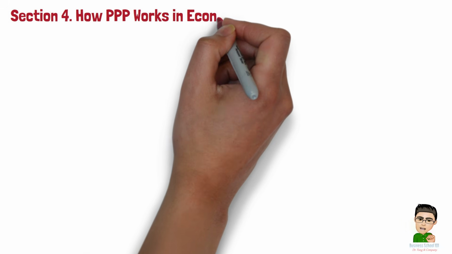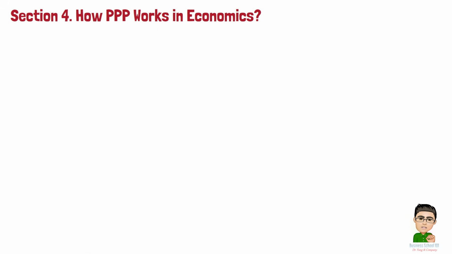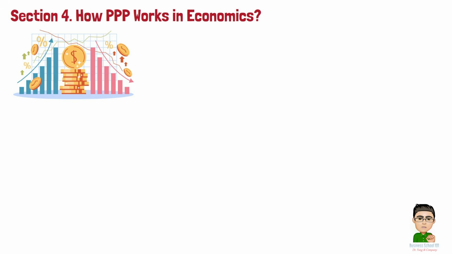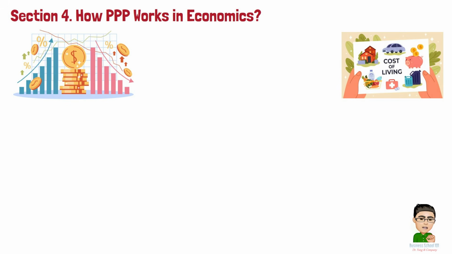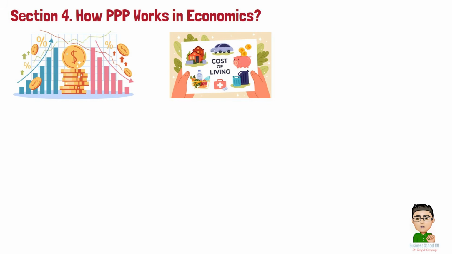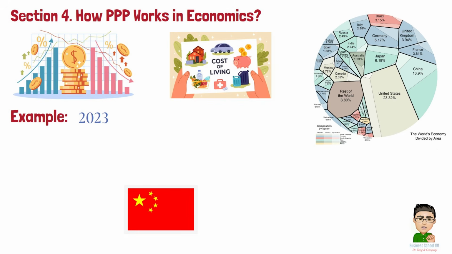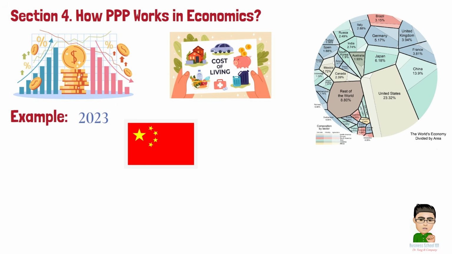Section 4. How PPP works in economics. From the above example, we can tell PPP is often used to adjust GDP figures to provide a more accurate comparison of economic performance across countries. Economists use PPP-adjusted GDP to compare the size of different economies by factoring in the cost of goods and services in each country. For example, in 2023, China's nominal GDP was around $17 trillion, ranking second in the world.